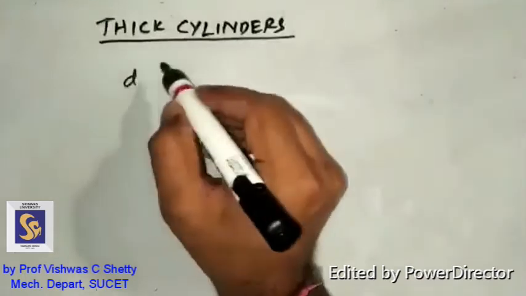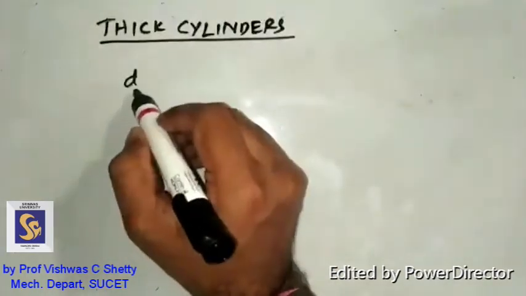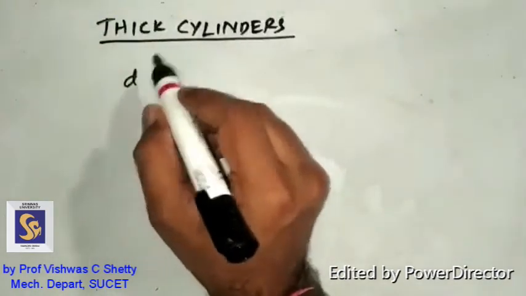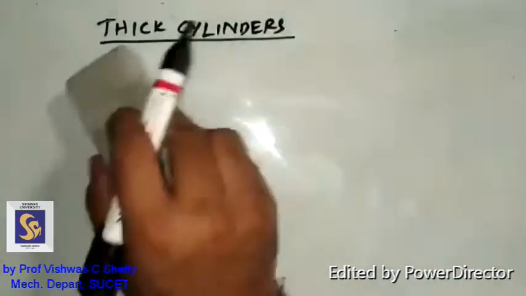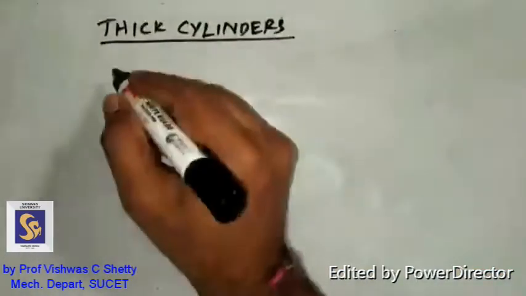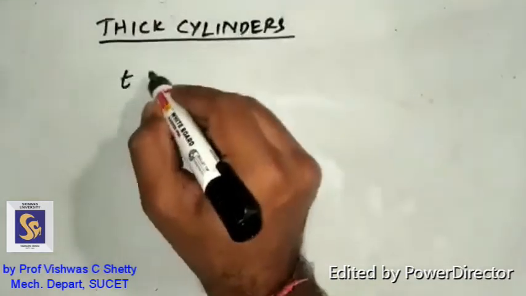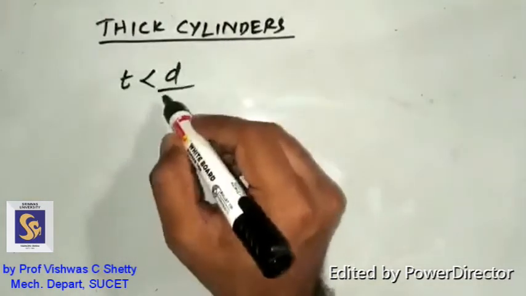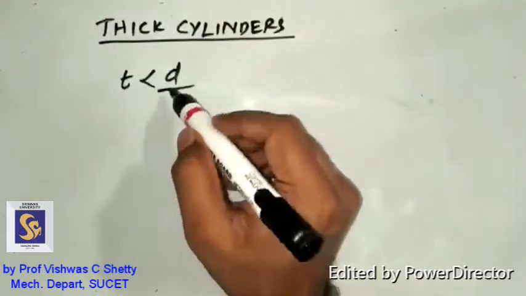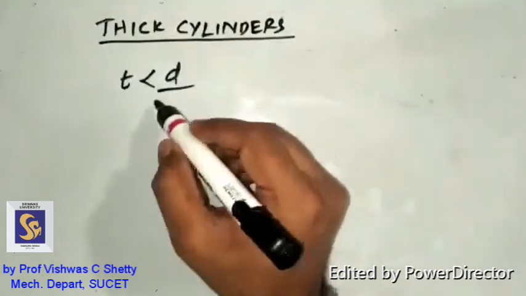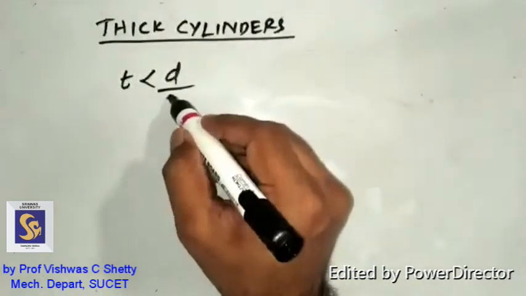If the diameter to thickness, or thickness to diameter ratio, that is the thickness of the shell, is less than d upon 15 to 20, some textbooks say 15, so in the range of 15 to 20.